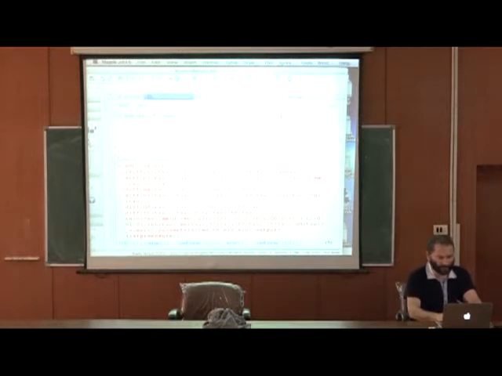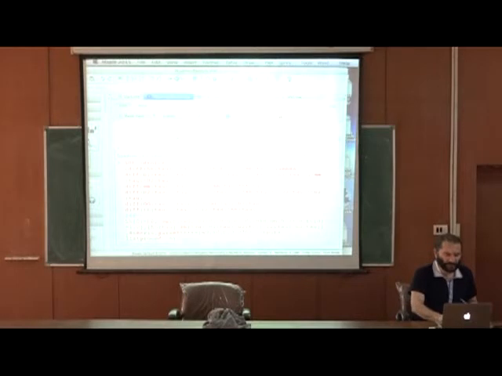These are the equations that have to be solved, the 6 equations. These are the differential equations that have to be solved. And here are the initial conditions.